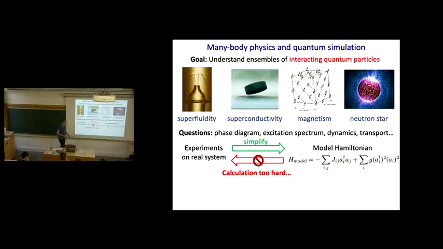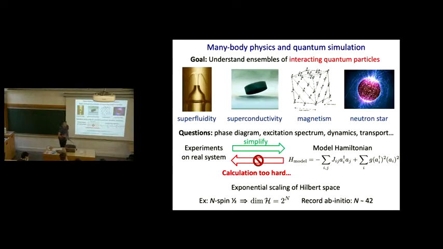And we know why this is complicated, because of what Darek showed you this morning. This is the exponential scaling of Hilbert space with the number of particles involved in the problem. Of course, if you consider superfluidity, you have essentially a mole of electrons interacting with many things, so it's way larger than anything you can calculate. I just remind you that if you take an ensemble of spin 1/2, the simplest many-body system, the size of the Hilbert space is 2 to the power n.